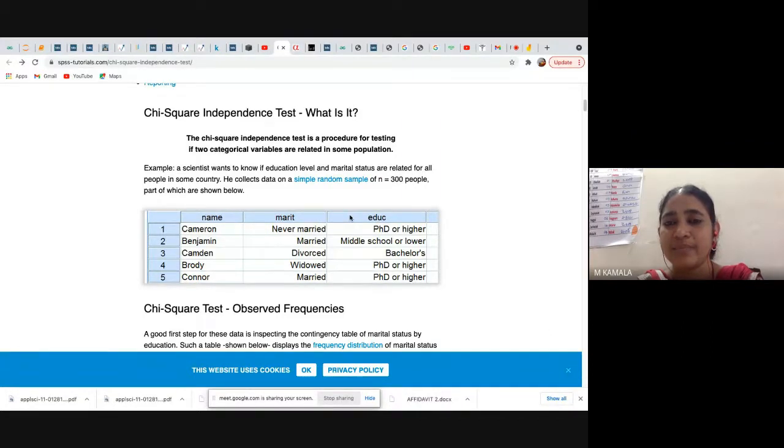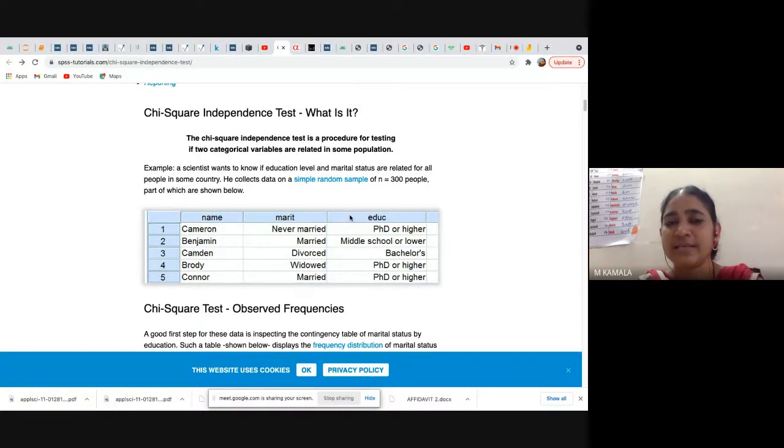Just as an example, I would like to derive statements. Married people are going for PhD degrees. If the statement I'm saying is married people are going for more PhDs, this is a statement I'm trying to derive. Or I will say that widowed people are not having PhDs, they are going up to middle school only.